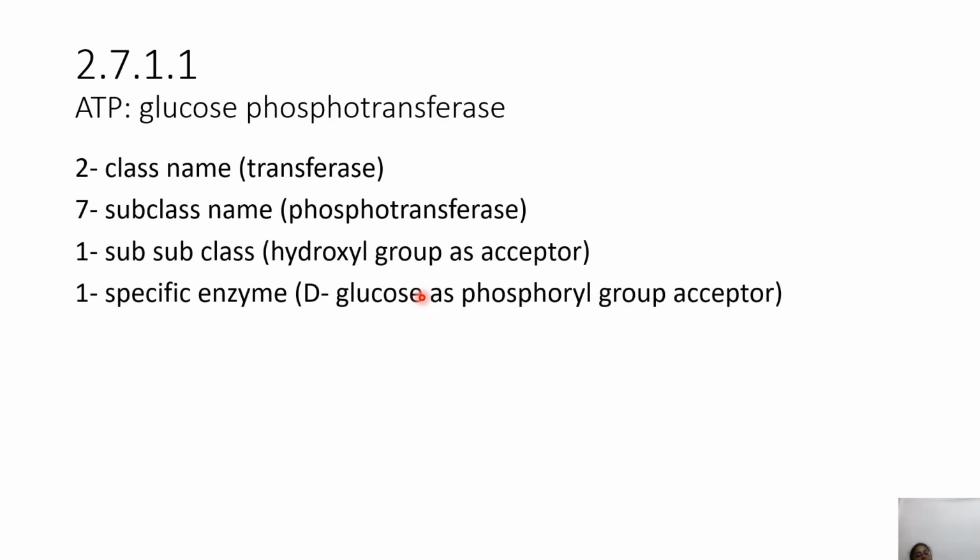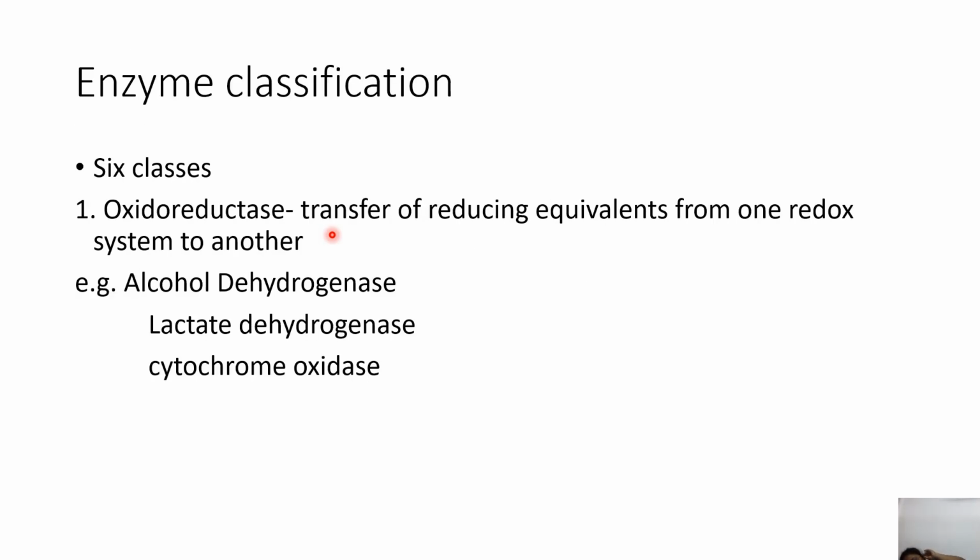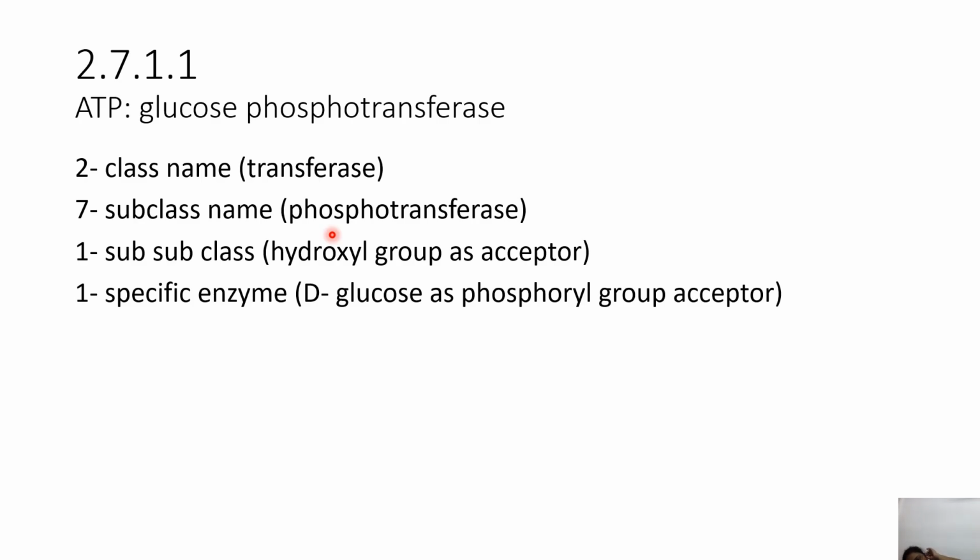So if you see, there are different levels: glucose phosphotransferase has the class name transferase, the subclass phosphotransferase, the sub-subclass with a hydroxyl group as acceptor, and the specific enzyme with D-glucose as phosphoryl group acceptor.